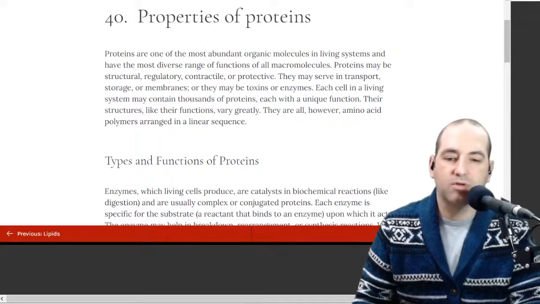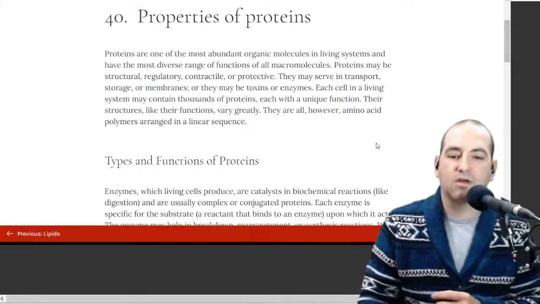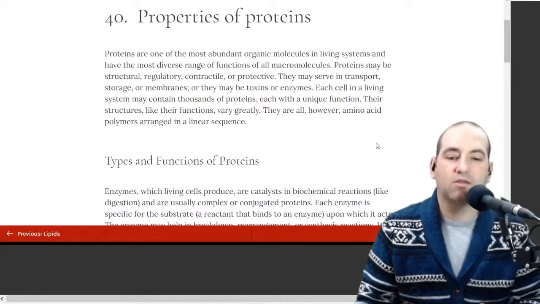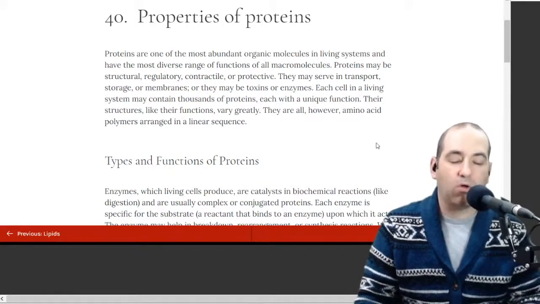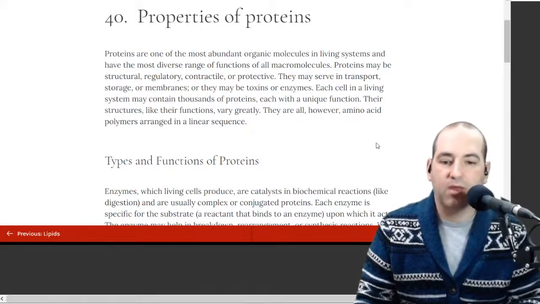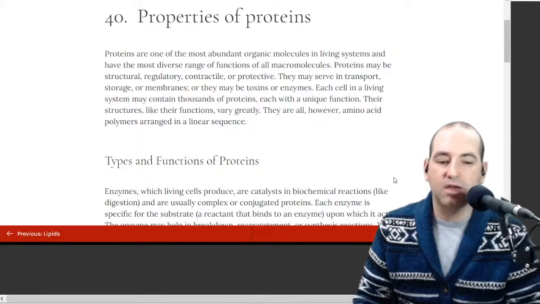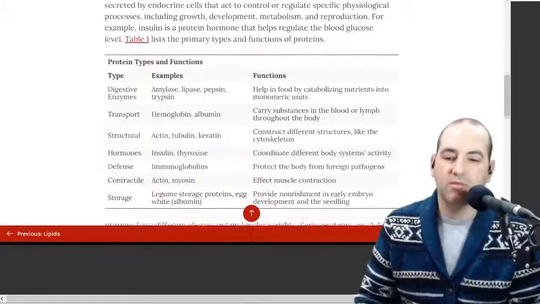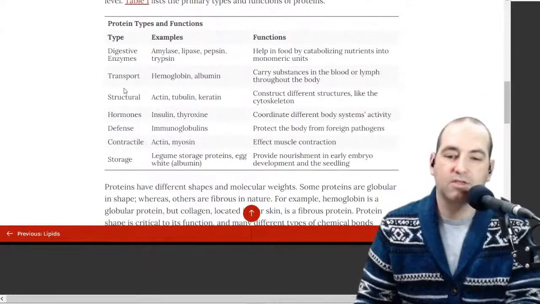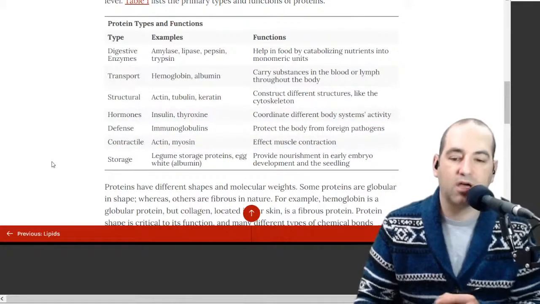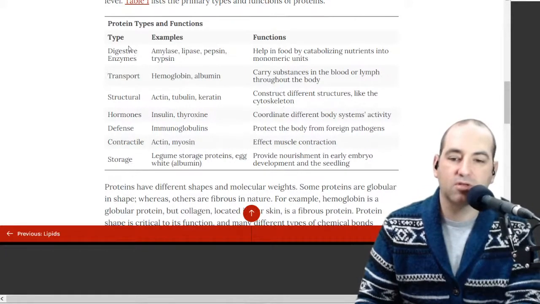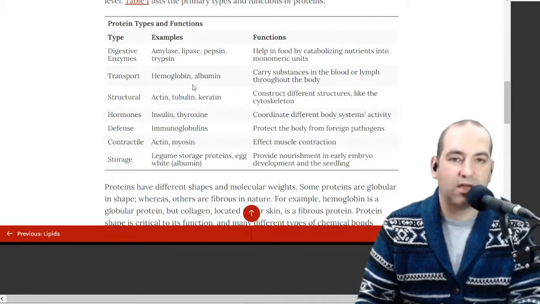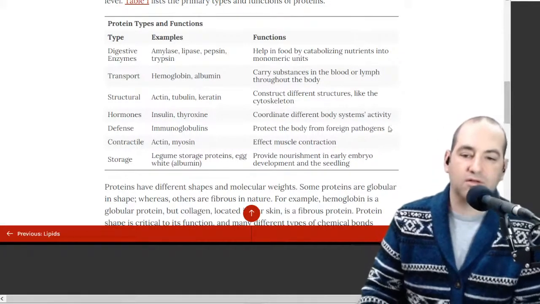All right. So what are proteins? Proteins are a class of molecule that do a whole bunch of different things in the body, and there are many different roles for proteins in living things. There's a table here with some examples of protein types. There are enzymes, digestive enzymes that break down macronutrients and other things like that.